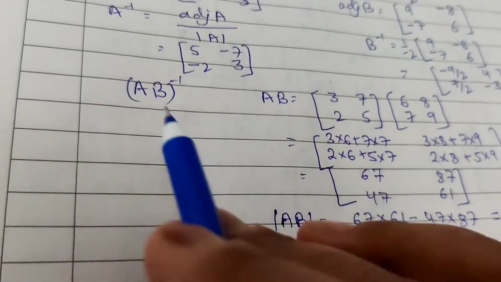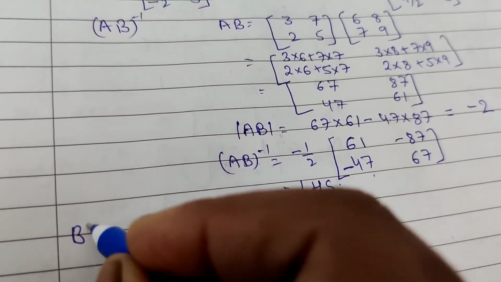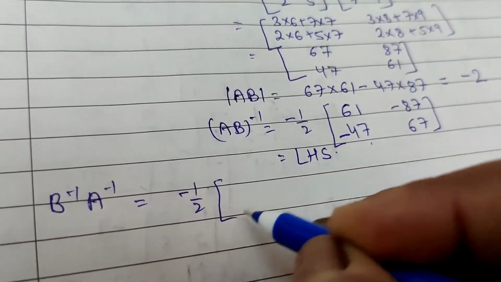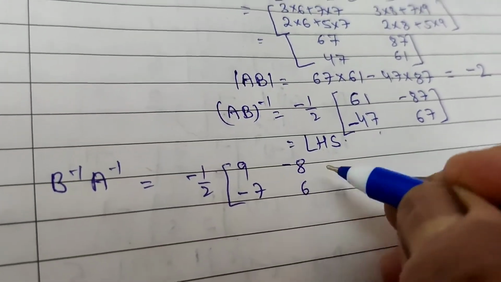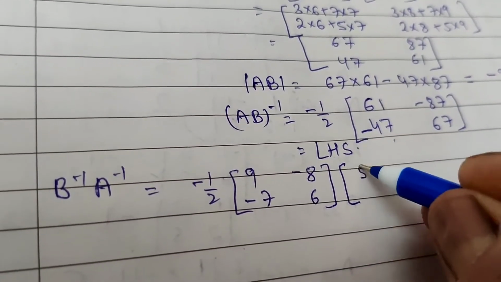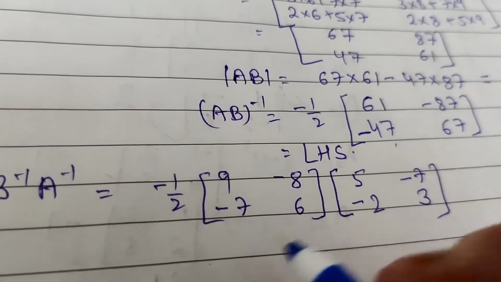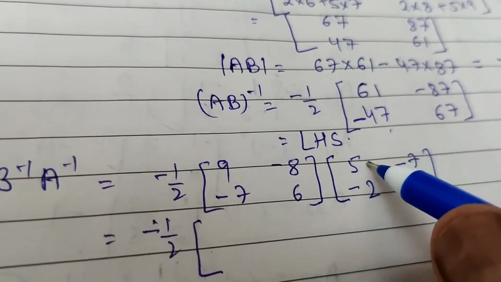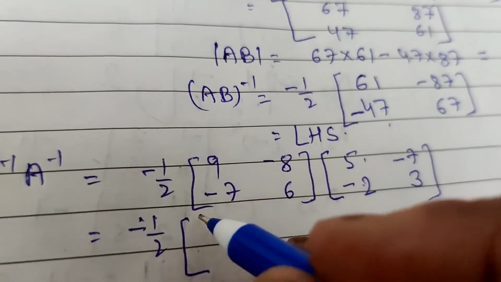And now the RHS, B inverse into A inverse. B inverse is minus 1 by 2, 9, minus 7, minus 8, 6. And A inverse is 5, minus 2, minus 7 and 3. Multiply these two matrices, you will get 9 into 5, 45, plus 16, it is 61.